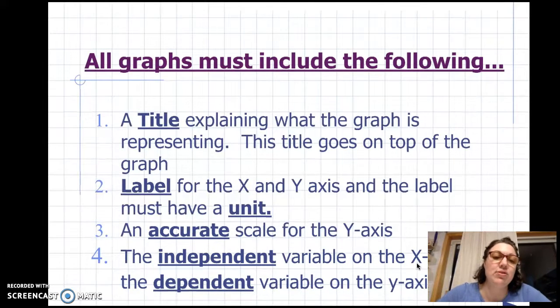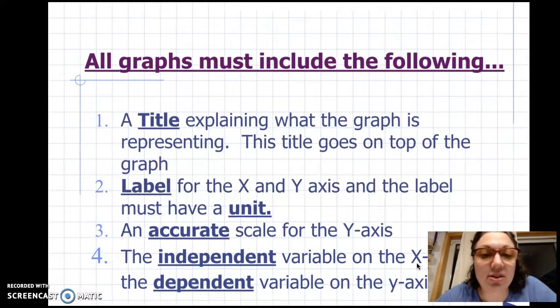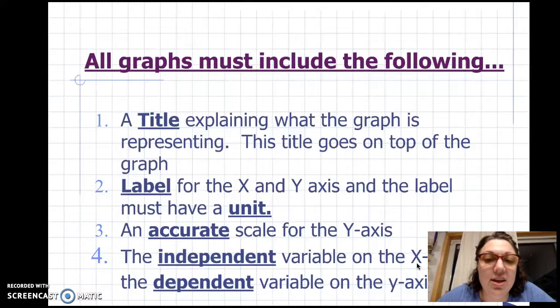All graphs must include the following things. You need a title explaining what the graph is representing. The title goes on top of the graph. You need a label for the X and Y axis, and the label must have a unit. You need an accurate scale for the y-axis. So that means that you are counting by even jumps or spaces of numbers.